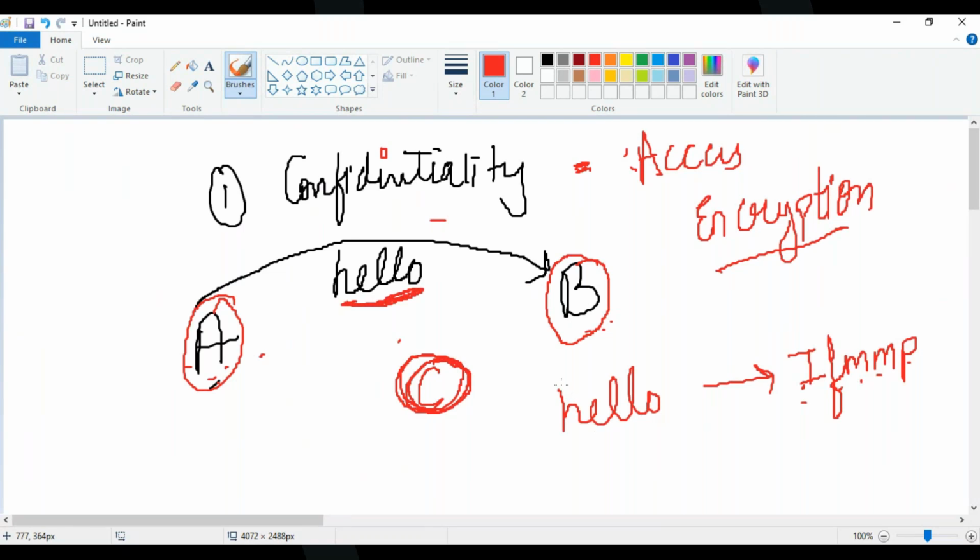So can you tell me what's the key here? I have used a key to convert this hello message to IFMMP, right? Any guess? Use the reasoning part.